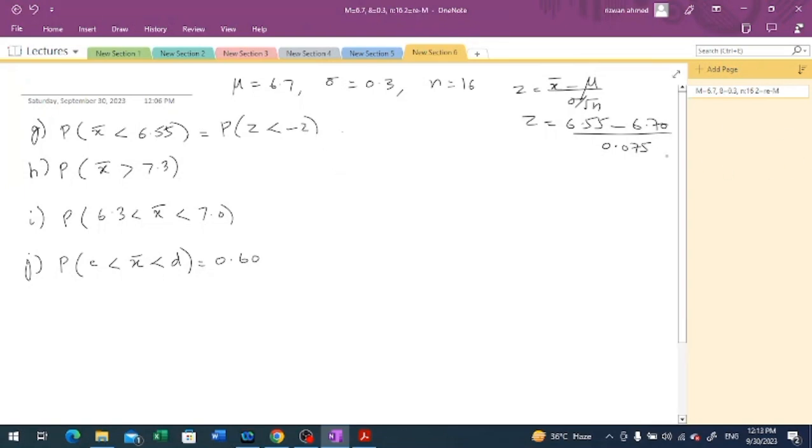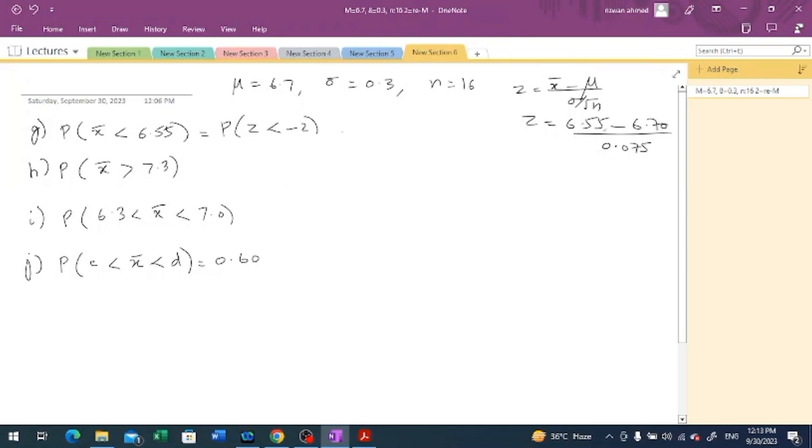You can work this out and you will get the idea of what the answer will be. So 6.55 minus 6.7 divided by 0.075 would give you most probably minus 2.